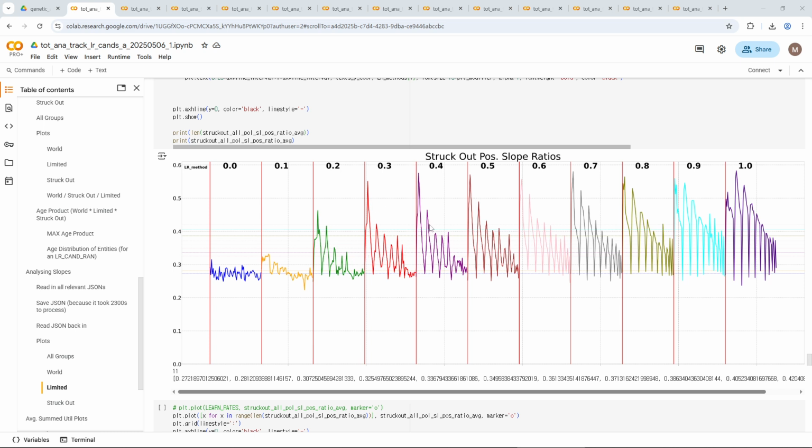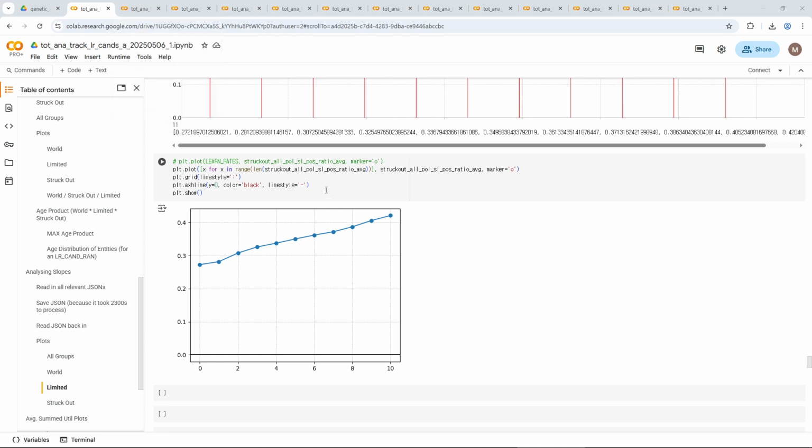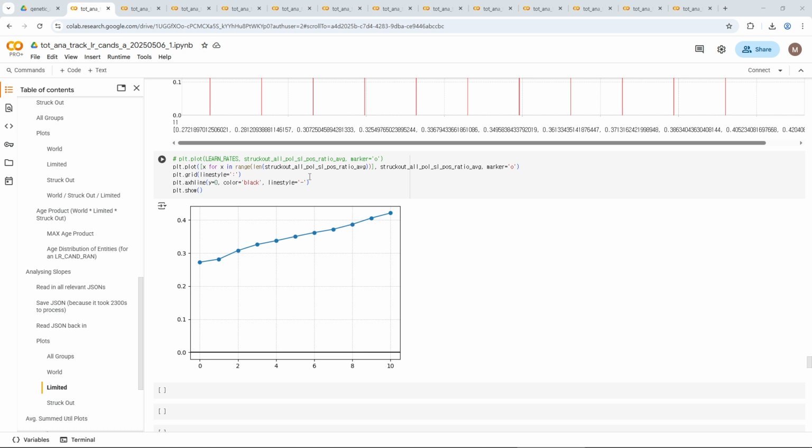And anything after 0.3 is just about the same in this case. And this is the average per color. So this is when we used the universal fixed learn rate and the candidate ranges, all 66 of them.